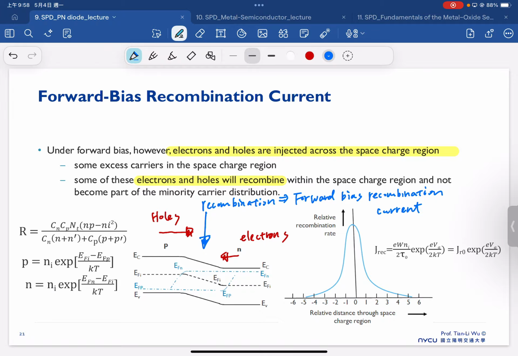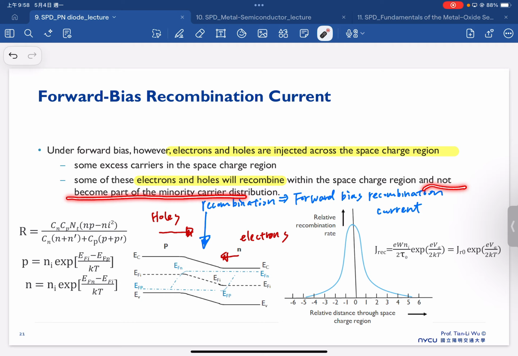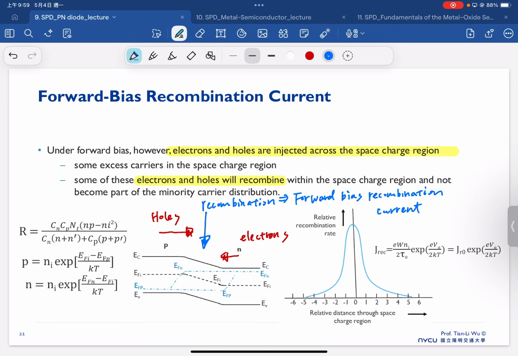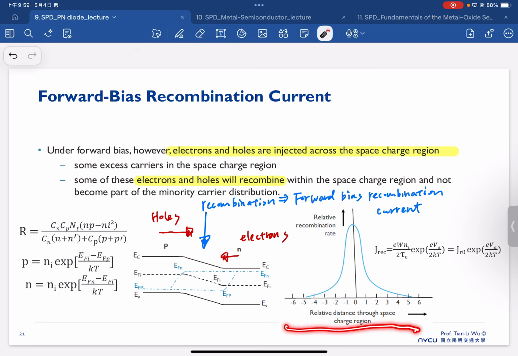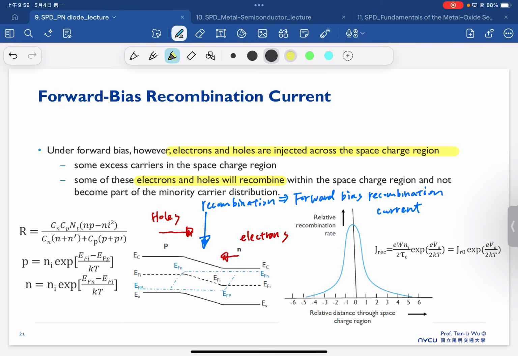Some of these electrons and holes will recombine in the space charge region and not become part of the minority carrier distributions. This is also one of the curves showing the recombination rate, which will be a high recombination rate in the space charge region.